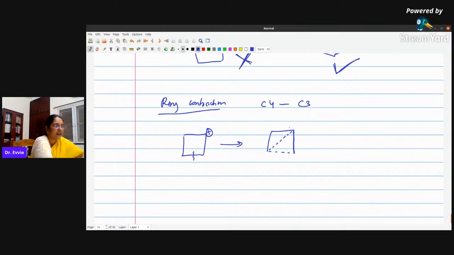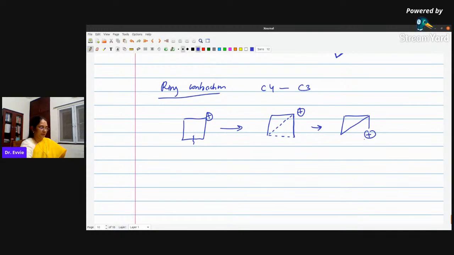One is breaking, the other one is making. So you will have a positive charge. Now you will write this one as, this is the new bond formed, that is this one. Then, because the positive charge will obviously move to the next position, this is your tertiary carbocation.